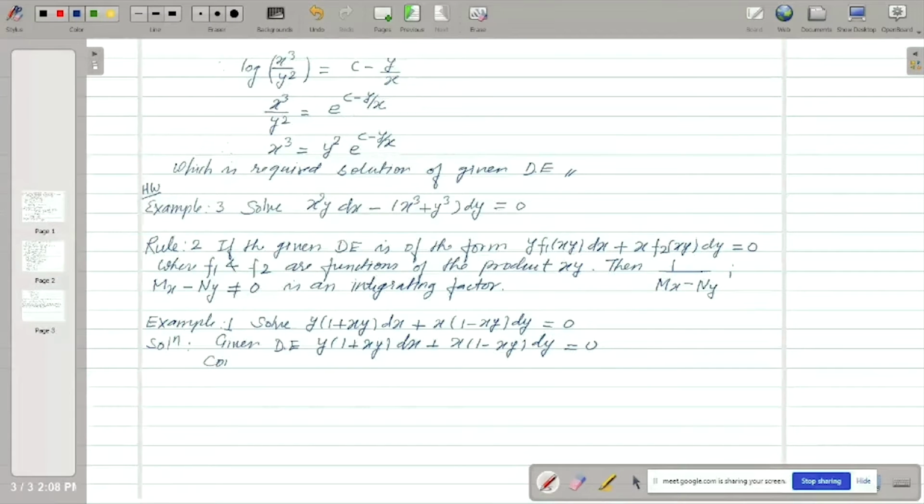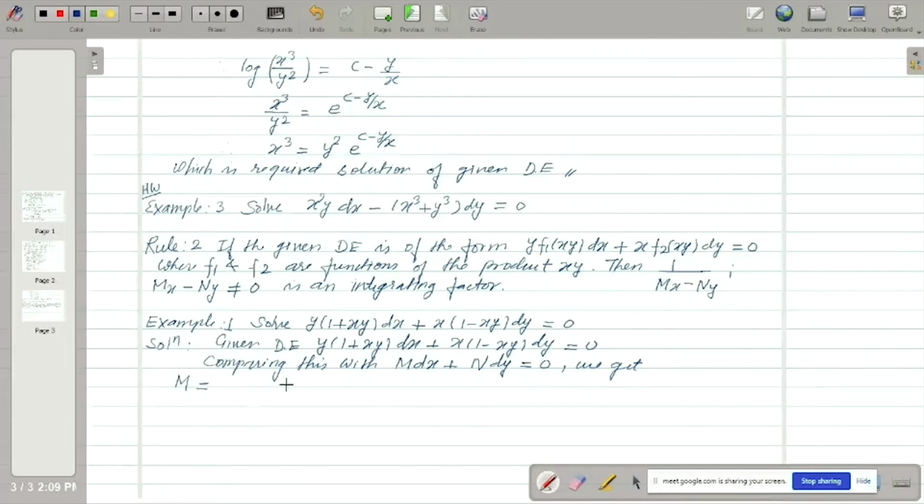So comparing this with the standard form, that is M dx + N dy = 0, we get M. What is M?